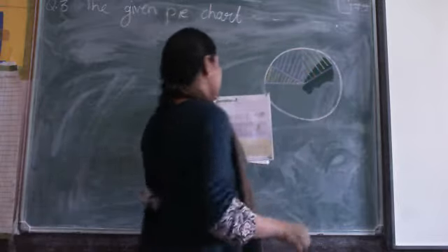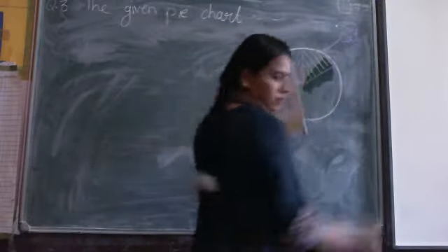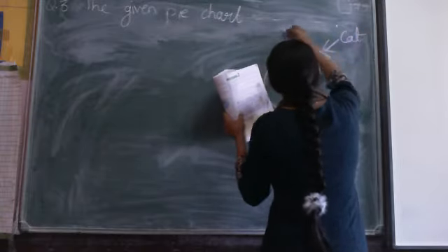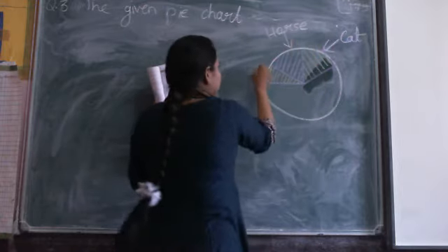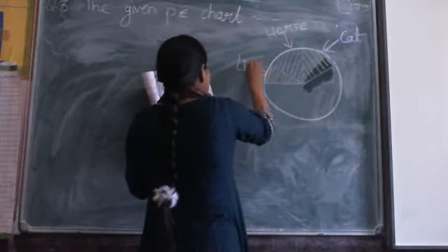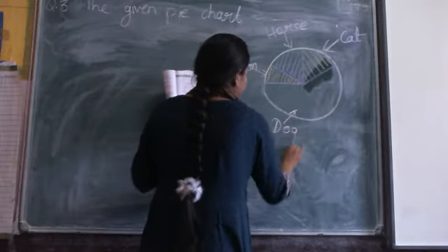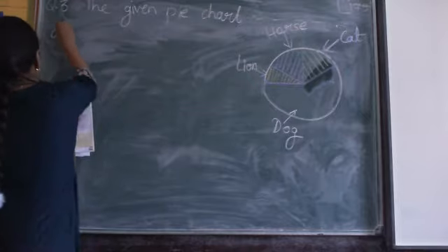Such a pie chart is given in your book. This part is representing cat. This part is representing horse. This part is representing lion. And these are representing dog. Right?